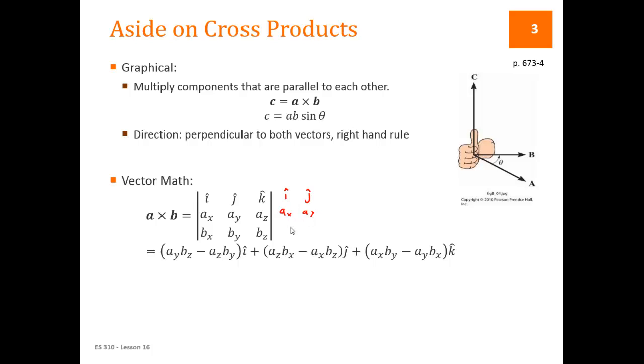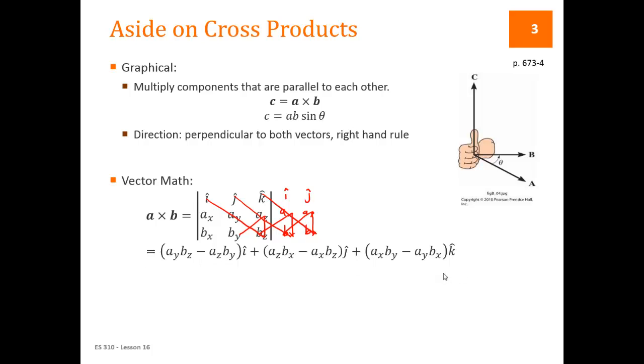Ax, Ay, Az, Bx, By, Bz, right? And then our vector math version of A cross B is i hat times (Ay times Bz minus Az times By), then j hat times (Az times Bx minus Ax times Bz), and k hat times (Ax times By minus Ay times Bx).